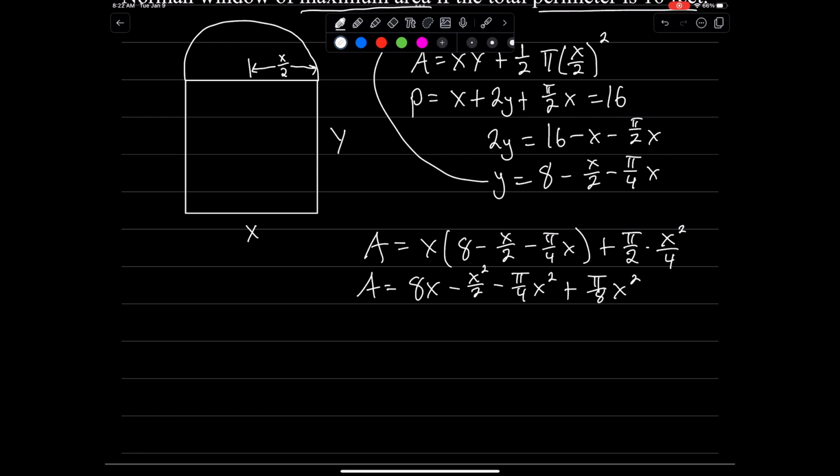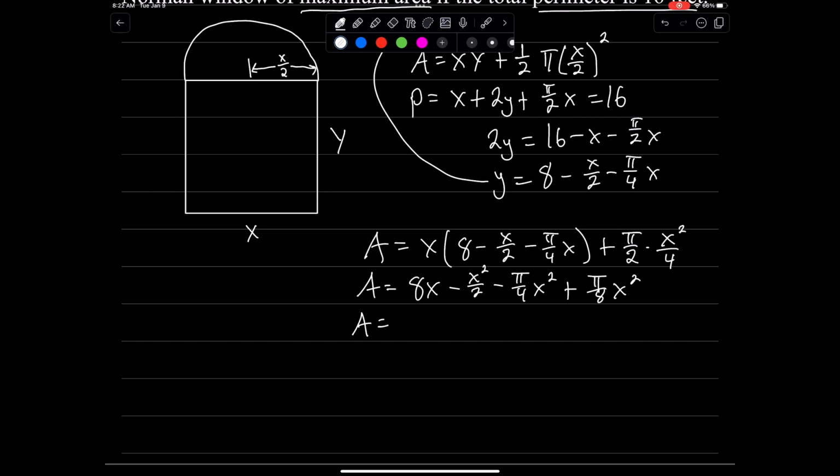So from here, I want to see if I can reduce this at all. I'm looking back at my notes to make sure. So far, I haven't made any mistakes. This is the third time I'm doing this, and I just want to make sure that I'm right. We've got negative pi over 4 x squared plus pi over 8 x squared. So far, so good.